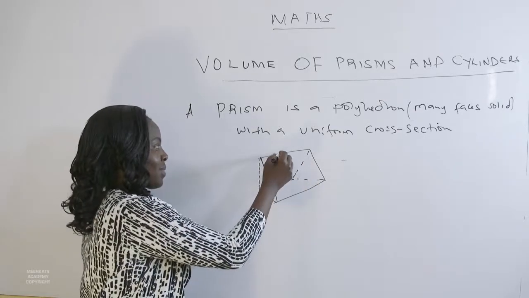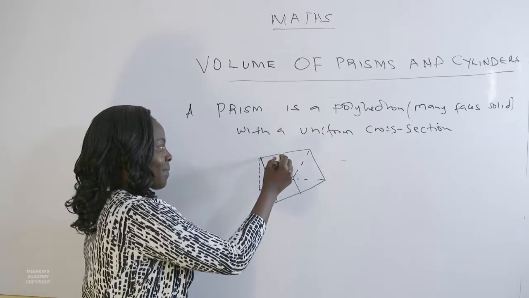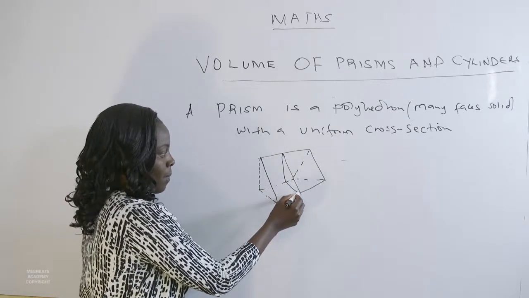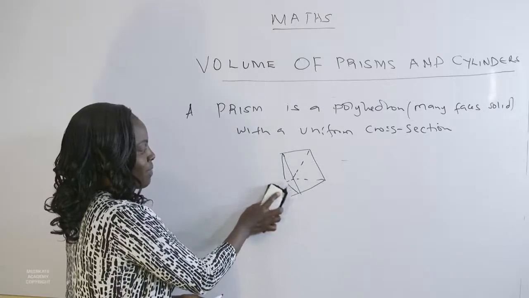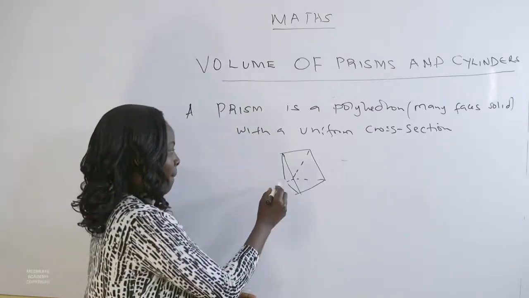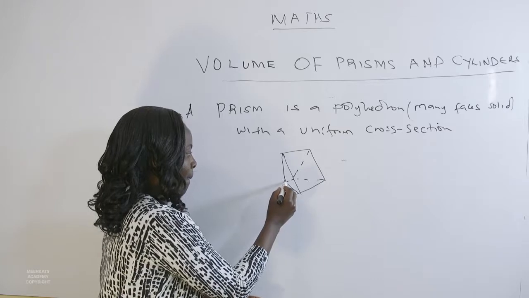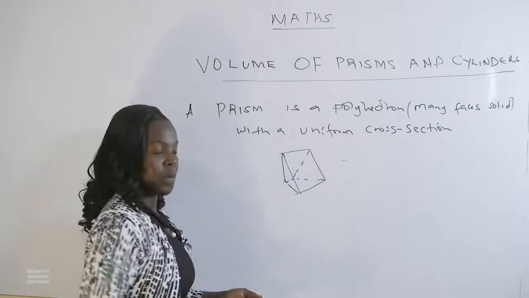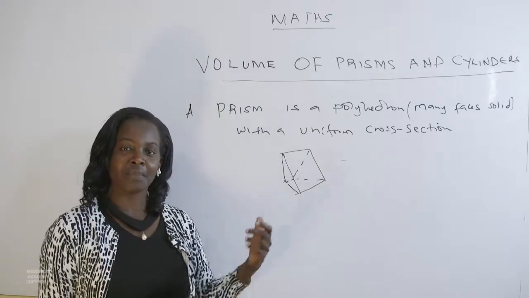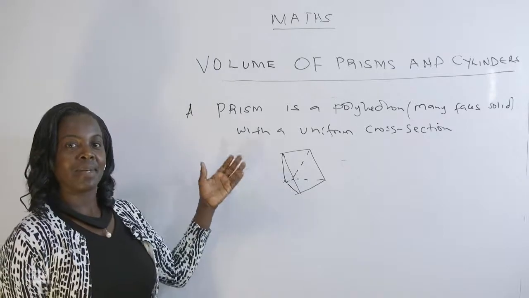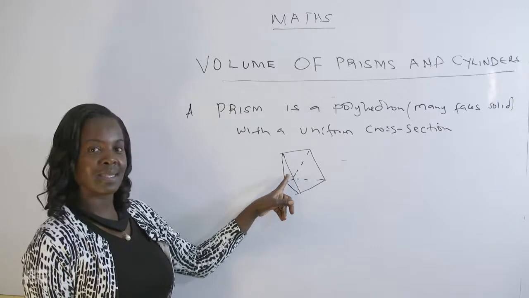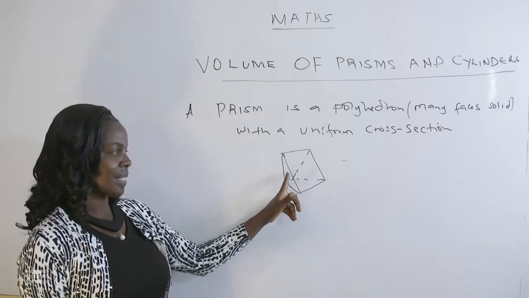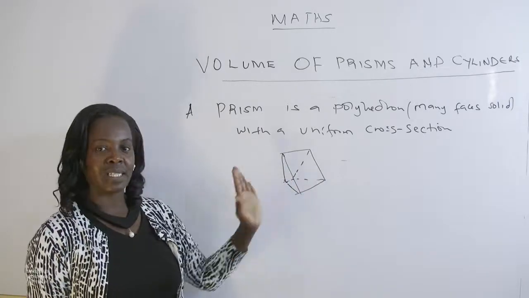If we cut through this side again, let's remove this part. You realize that we have the same shape and the same size of the face that we had at the beginning. So that is what a cross-section is.